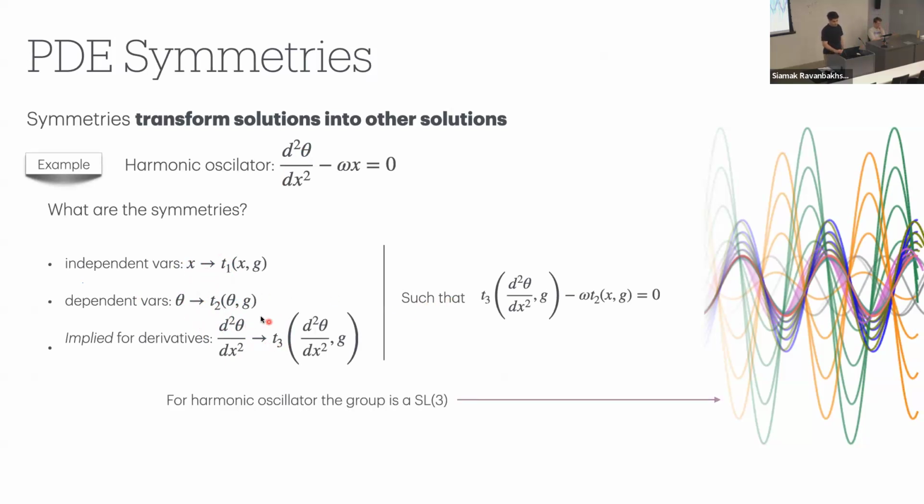Now, if these transformed versions of the dependent and independent variables and derivatives still satisfy the equation, it means these are symmetries of the differential equation. For example, in the case of the harmonic oscillator, you can generate all the solutions through these symmetry transformations, but this is not generally the case. Still, a good span of symmetries could be covered through these symmetry transformations.